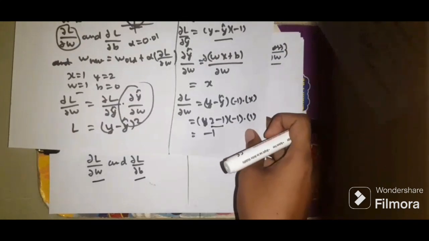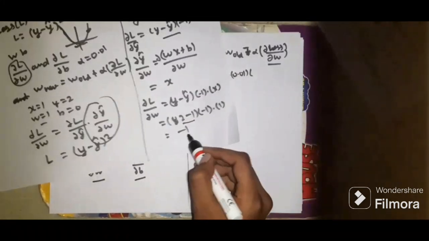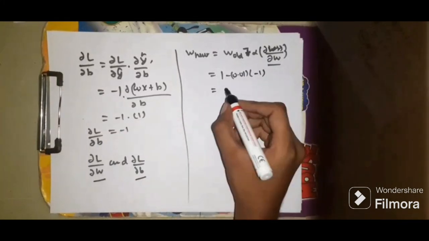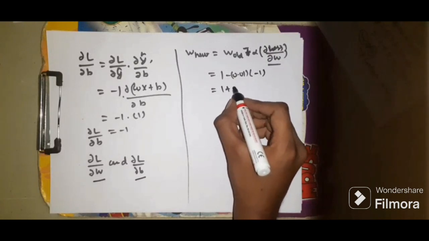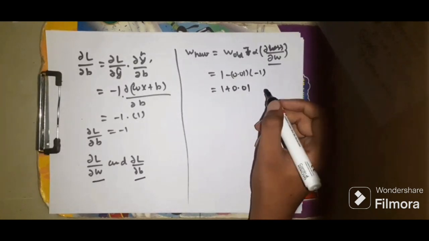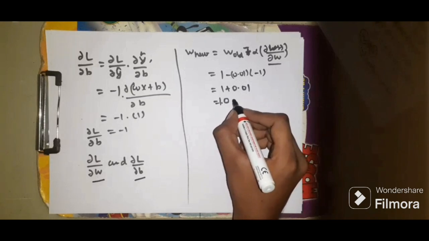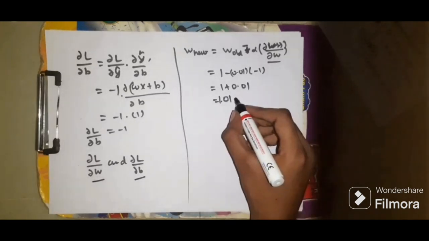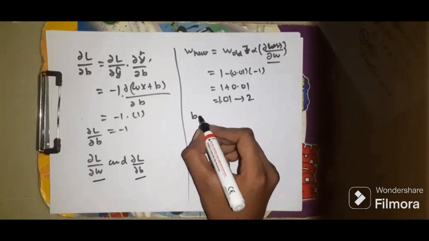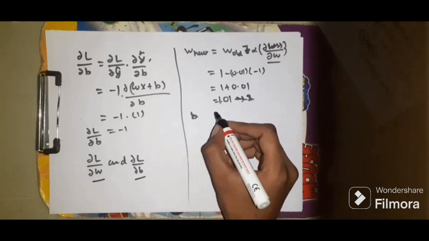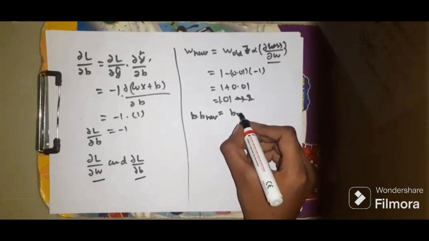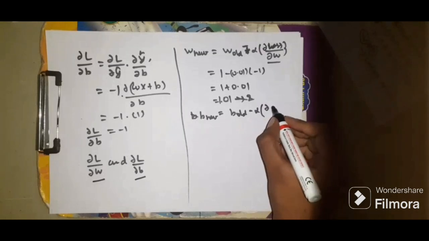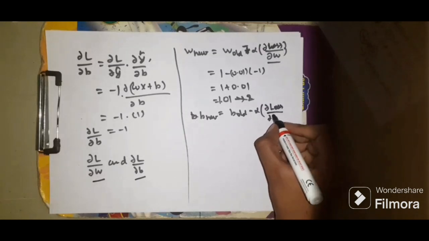We have already calculated the derivative of the loss with respect to the output of the network, and that value gives us minus 1, and that is why we have given minus 1 here.